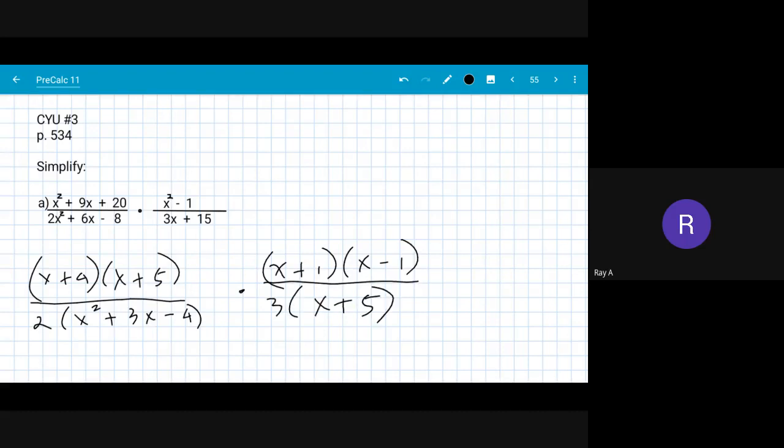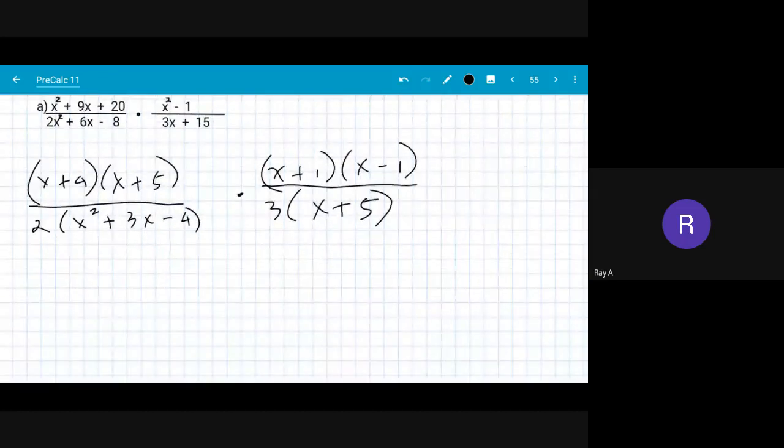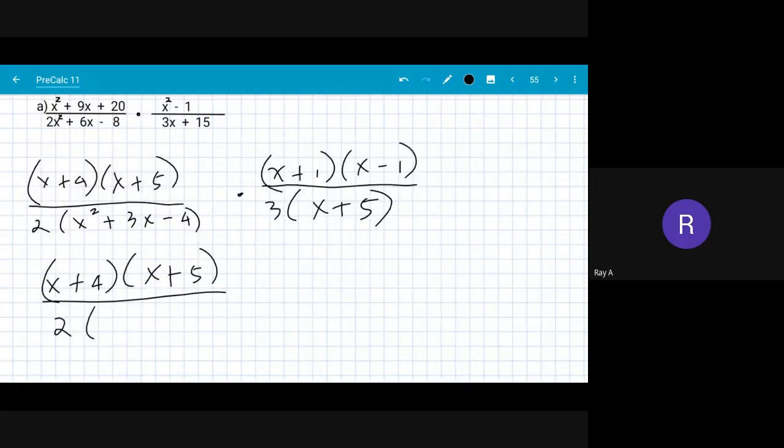Okay. Now, you will notice that this trinomial can also be factored out. All right. So the next step is x plus 4 over x plus 5 over 2 times what? The factors of x squared plus 3x minus 4 would be x plus 4 times x minus 1.